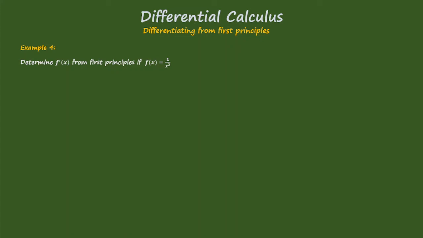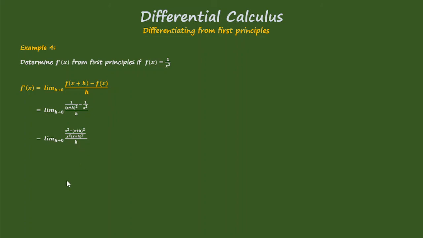To solve it, like in the previous problems, start with the formula, do the substitution, and then the simplification. Now look at what I did here. This is my approach. I took the numerator, found the lowest common denominator, which is x squared times x plus h squared, and then I simplified it to give me what I have here, all over h.